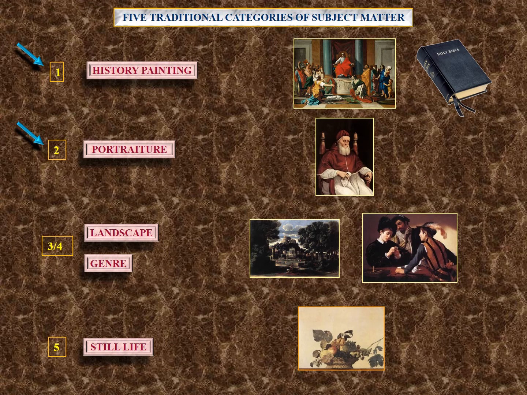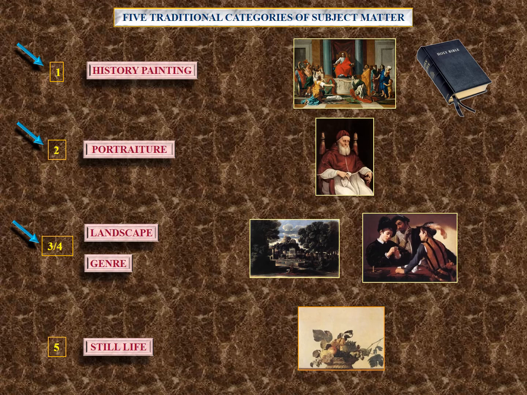It ranks just below history painting because you have portraits of such important people as popes and queens and kings and things, all right? So it can't be too far below historical painting. Now, the third and fourth positions are taken up by landscape painting, which we just saw, and genre painting, which we'll look at a little later.